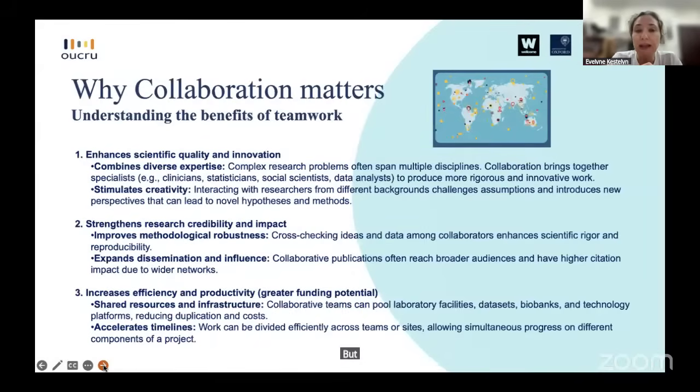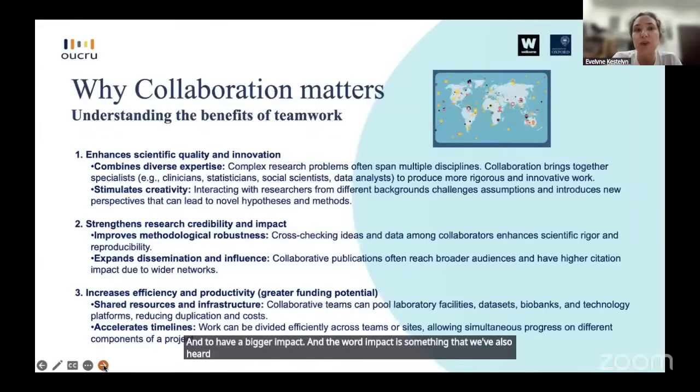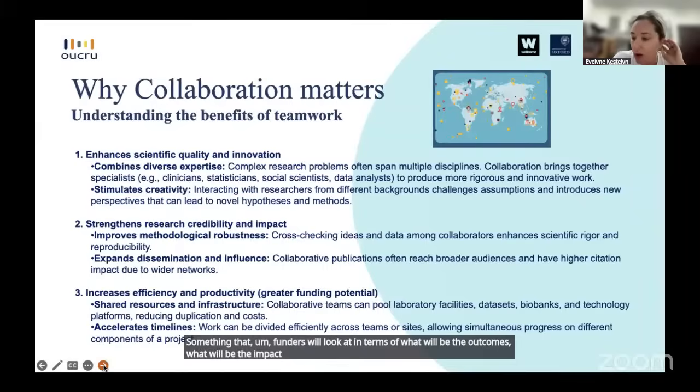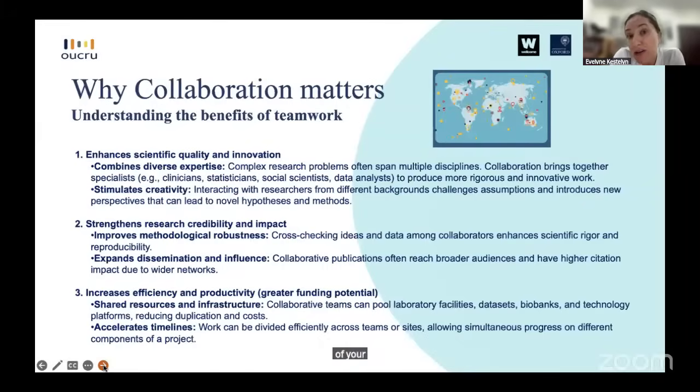But working in a bigger team can also help to disseminate your findings and to have a bigger impact. And the word impact is something that we've also heard from the two previous presenters. This is, again, something that funders will look at in terms of what will be the outcomes, what will be the impact of your proposed grant, your proposed research product.